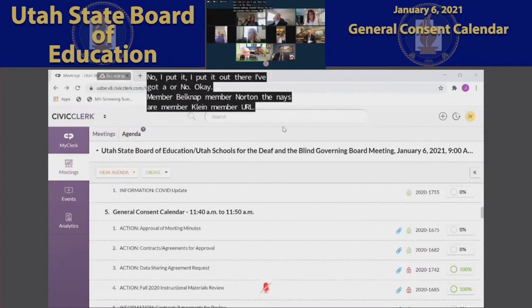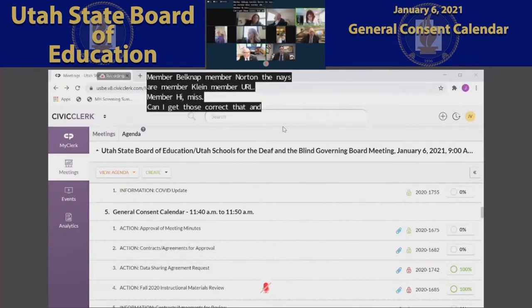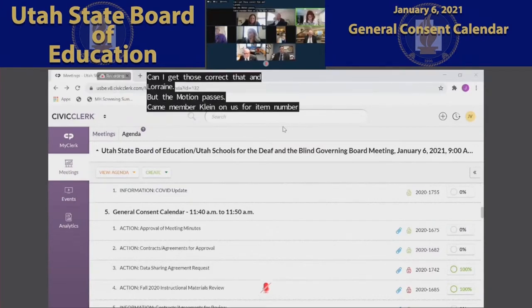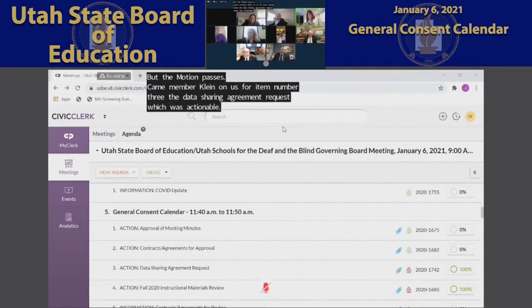Okay, Member Klein, you asked for item number 3, the data sharing agreement request, which was actionable. Did you have questions or comments on that? Yeah, I just had a couple of comments down in Roman numeral 2, paragraphs 3 and 4. It delineates who's responsible for answering concerns, and to me, it looks kind of like just a circular game.